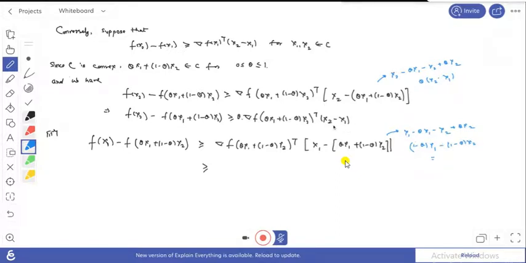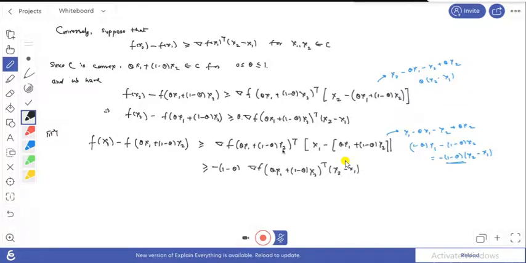We have to rearrange to x2 minus x1, so we take minus common. This equals x2 minus x1, and this term is a scalar, so we write minus (1 minus theta) gradient of f at theta x1 plus (1 minus theta) x2, transpose, x2 minus x1.